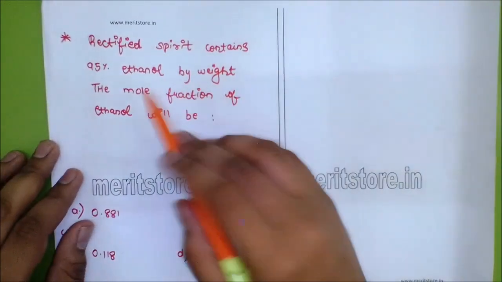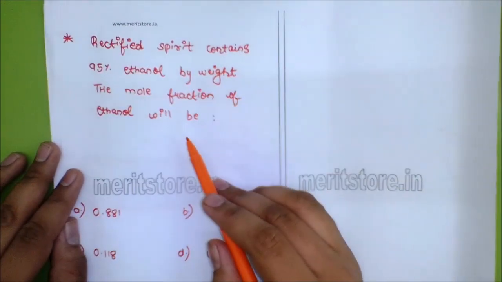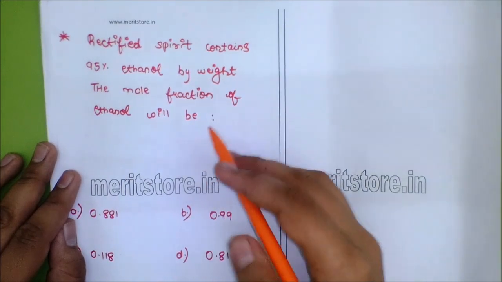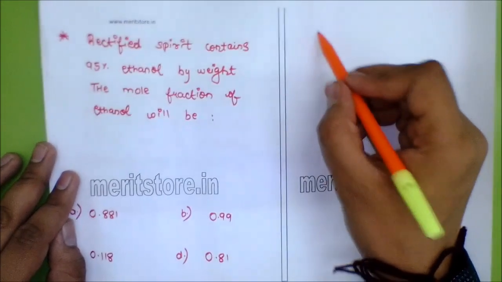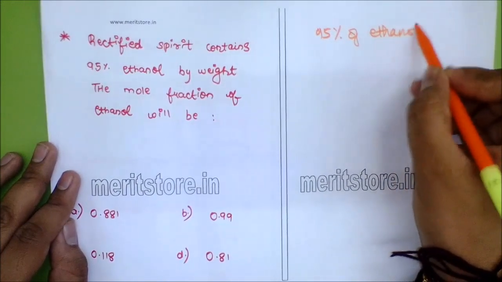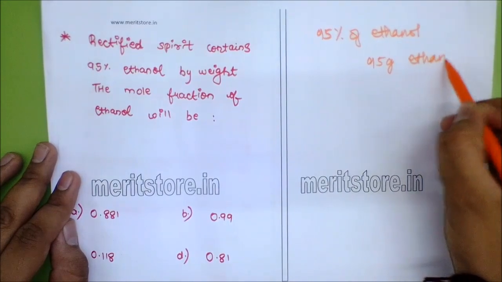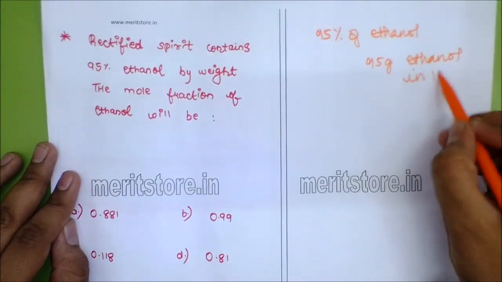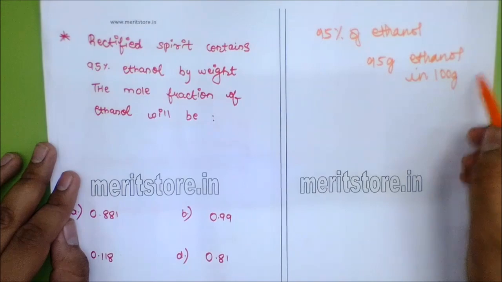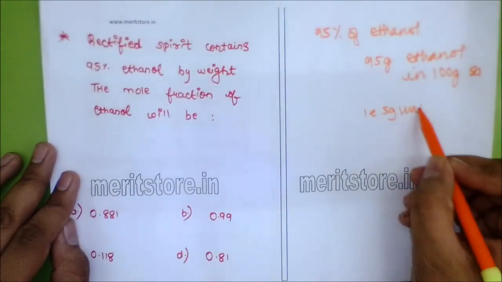Rectified spirit contains 95% ethanol by weight. The mole fraction of ethanol will be. Now to calculate mole fraction of ethanol, 95% of ethanol means 95 gram of ethanol in 100 gram of solution. In 100 gram of solution, that is 5 gram water.